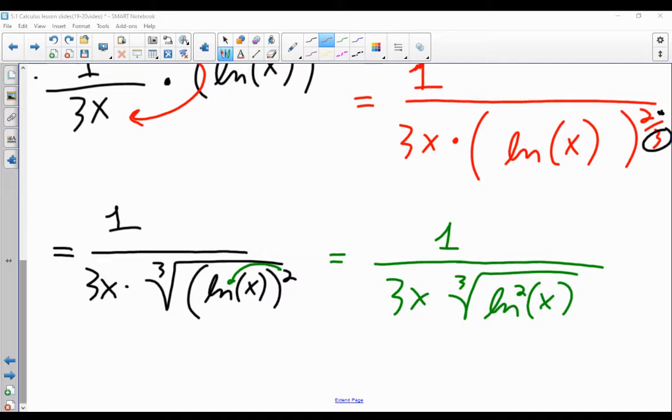Because again, this notation and this notation mean the same thing. If the power here was inside the parentheses with the x, that is something completely different. Just wanted to point that out. So either one of these is acceptable. I will take either or.